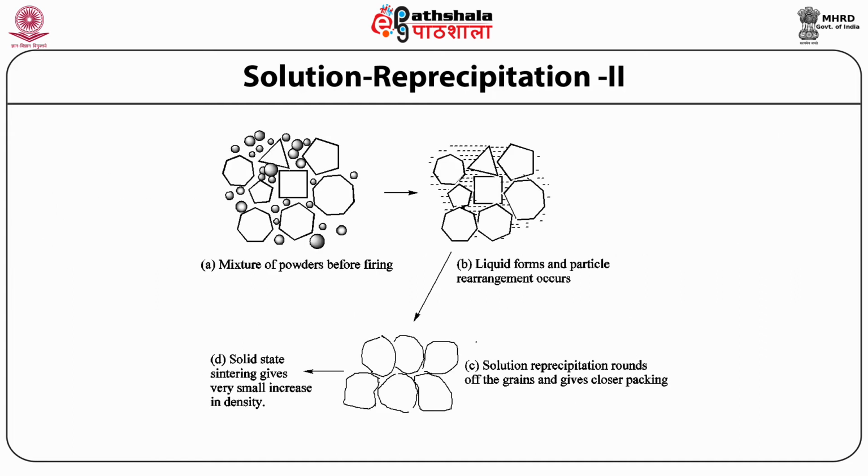Now we are discussing the second stage of liquid phase sintering, that is solution reprecipitation. The particle rearrangement gives a very significant increase in the density. However, as the particles may have sharp edges and corners, they do not pack very efficiently.